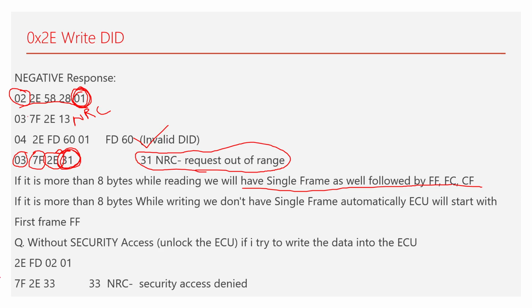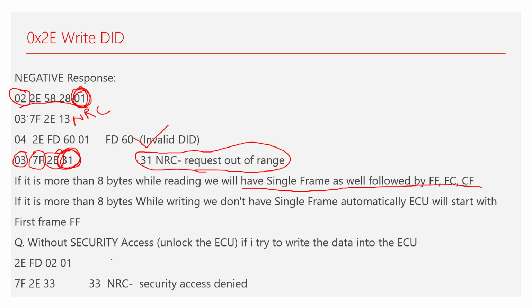Okay, without security access. See here, without security access, unlock the ECU. If I try to write data into the ECU, what will happen? When we are writing the data into the ECU, if you do not activate the security access, the 27 service I mentioned, I will explain 27 service.